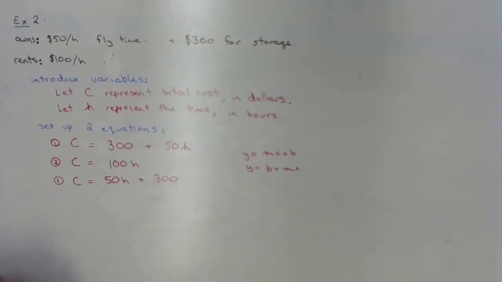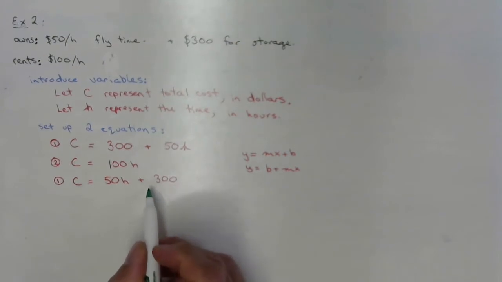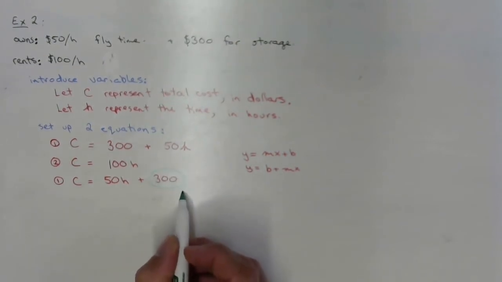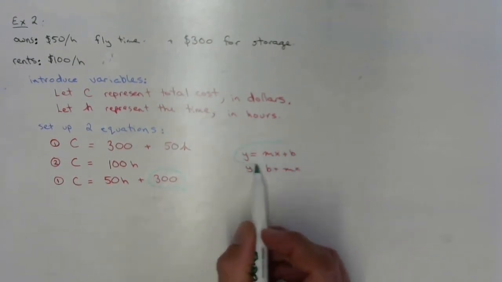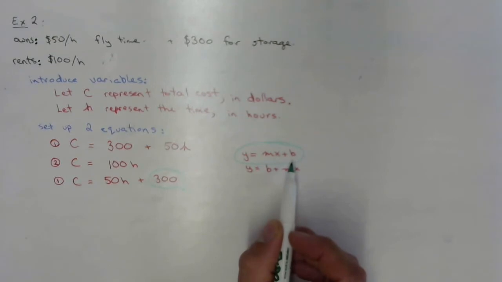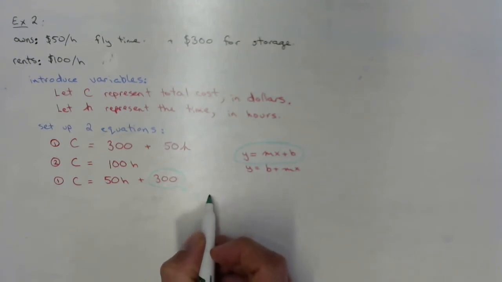And now I have a situation where, what do I know about this equation? I've got this part, in y equals mx plus b, it's b, which is the y-intercept. Thank you. That should be automatic, please.